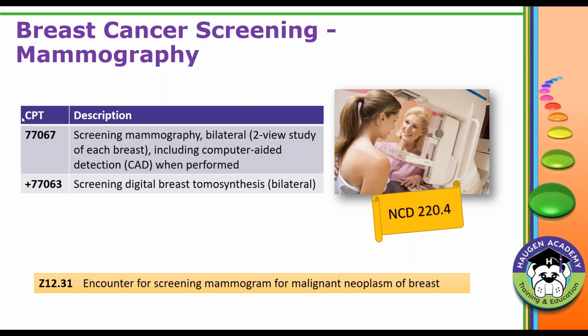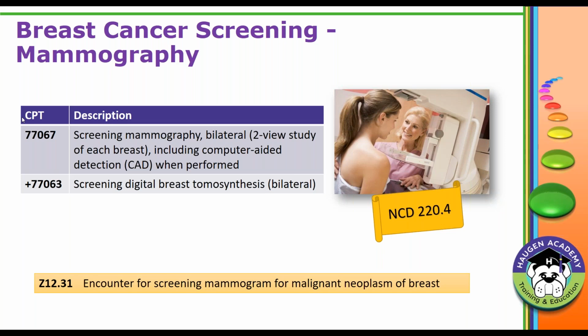The code description for 77067 includes CAD, and CAD stands for Computer Aided Detection. That is just a computer program that highlights areas of a mammogram that may be abnormal, so the radiologist can go in and decide if those areas really are abnormal or not.